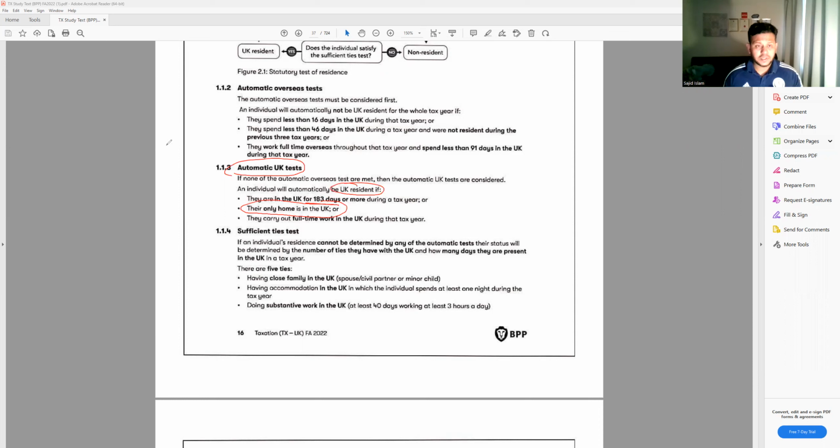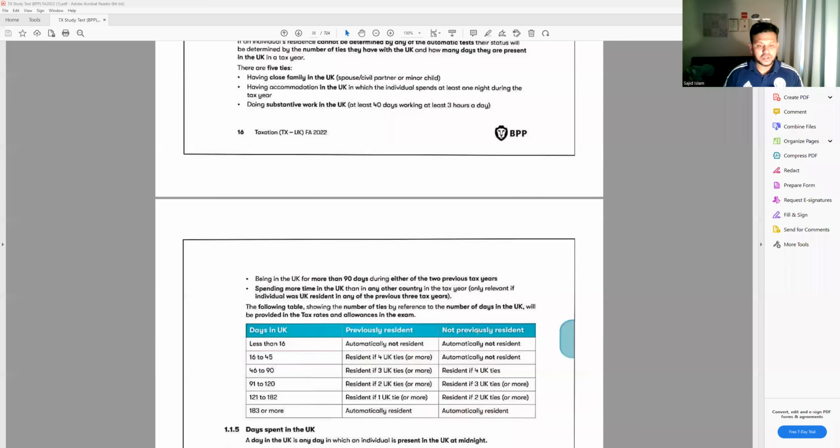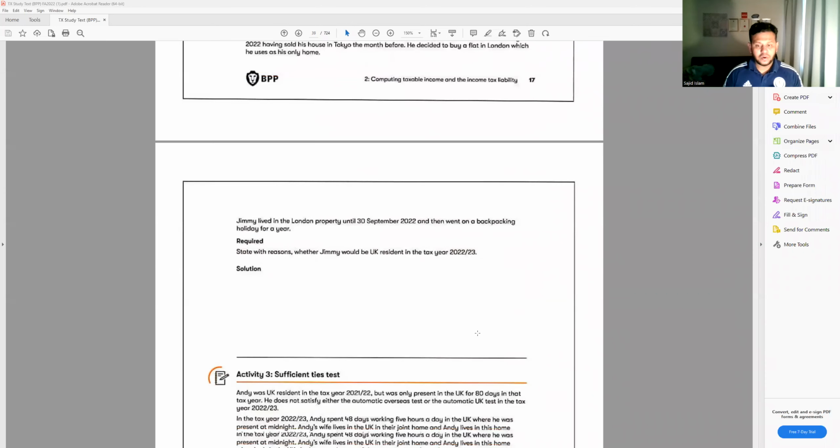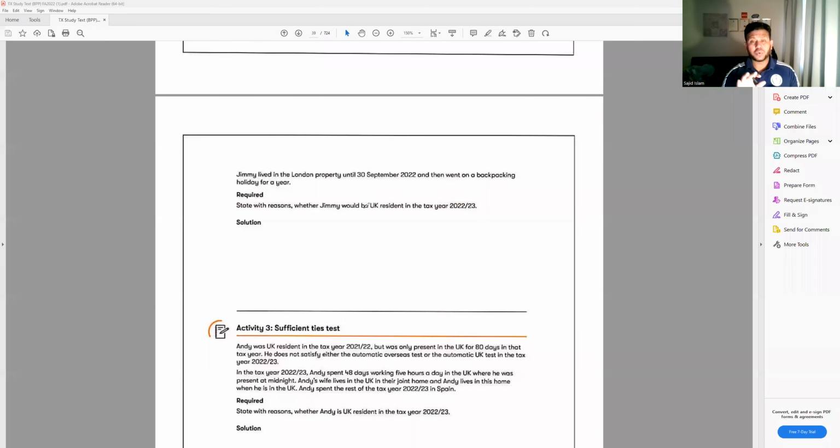So if none of the automatic overseas tests is satisfied, then you move to the automatic UK test. And according to the automatic UK test, he is a resident of the UK because he has only one home in the UK. So we can say as none of the overseas tests are satisfied and he has only the UK home, he will be treated as a UK resident.